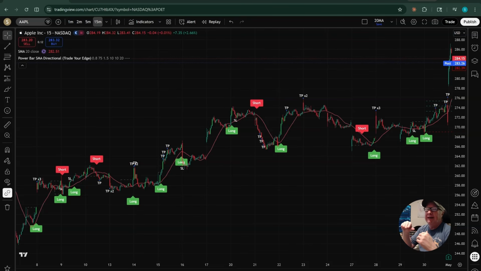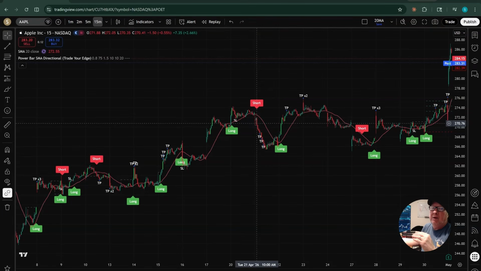It's with trend, meaning that simple moving average, if it's moving higher, then you're looking for long power bars. And just the opposite, when it's turned and moving lower, you're looking for power bars that are going to be shorts.